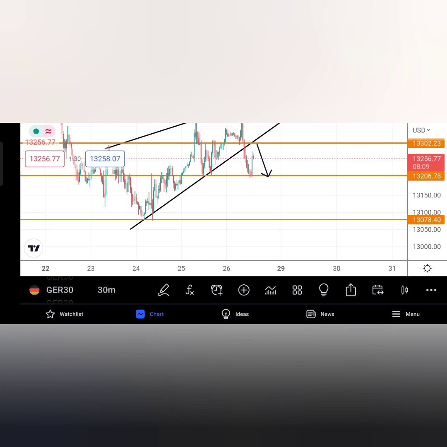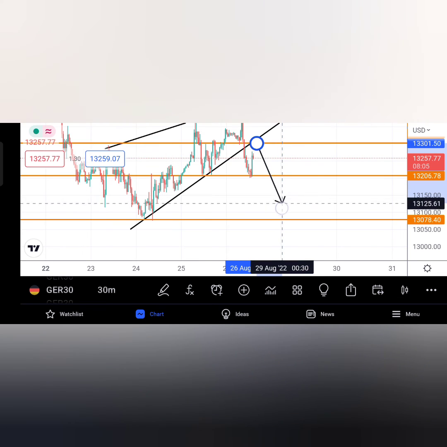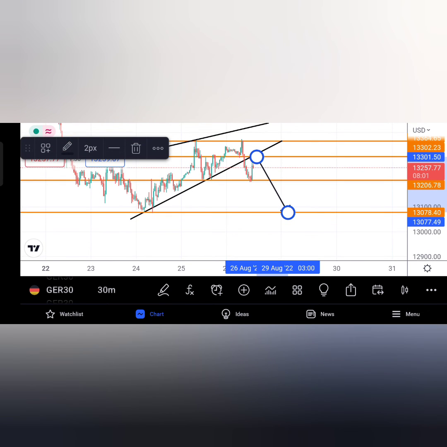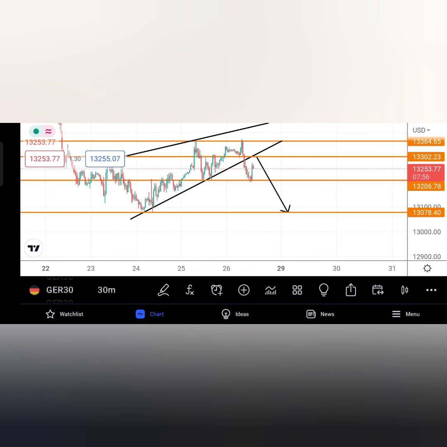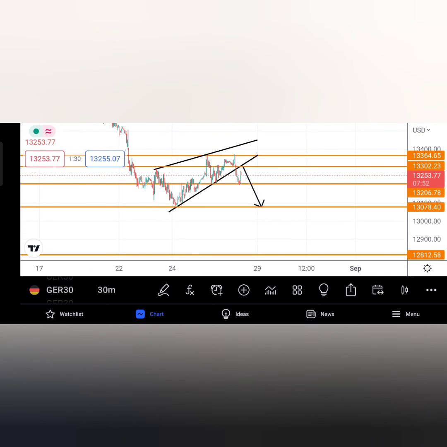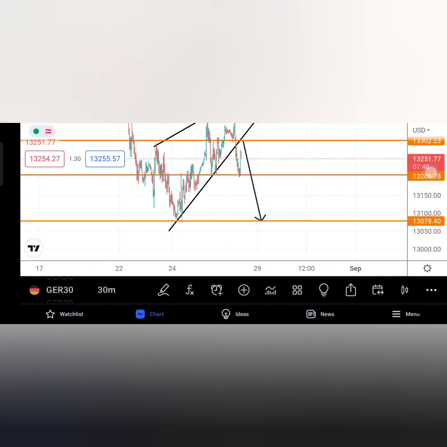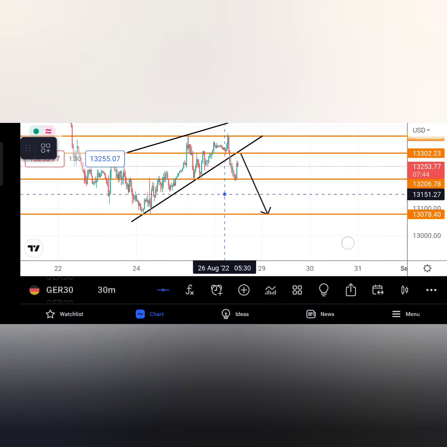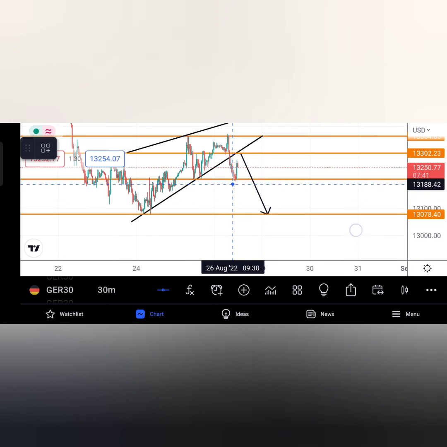When it gets here, you lock your profit and let the market run to the next target, which is this one. When we get here, since we know that the overall movement is to the downside, we move our stop losses and lock profits again on this other section.